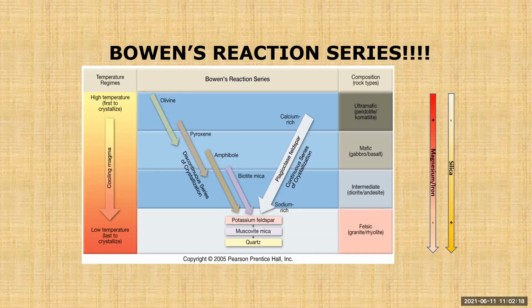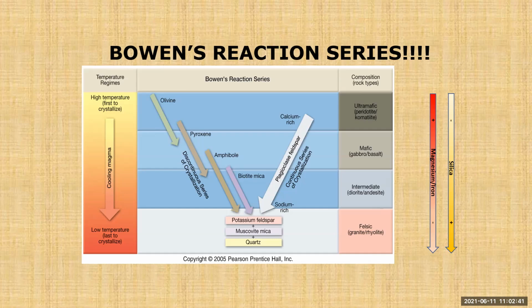They are different rocks because their textures are different from each other, but chemically, they're identical. Isn't that weird? For chemical composition, they are identical. Both granite and rhyolite contain potassium feldspar, muscovite, and quartz.